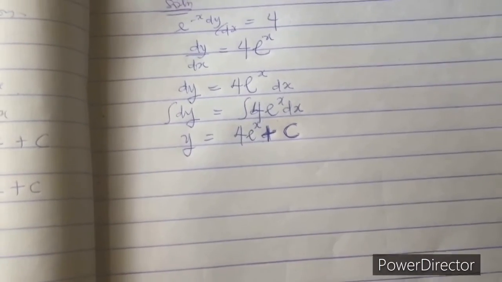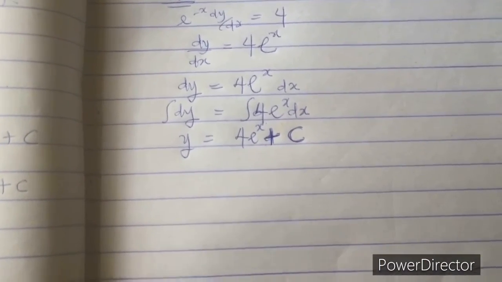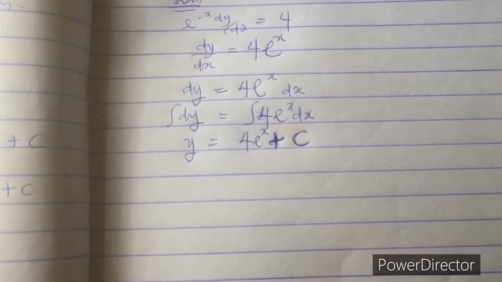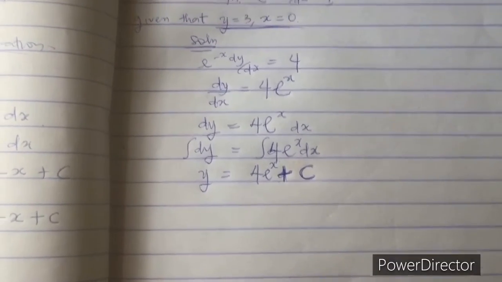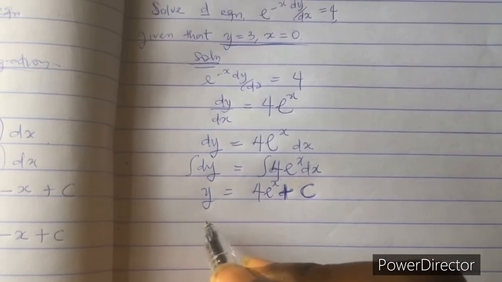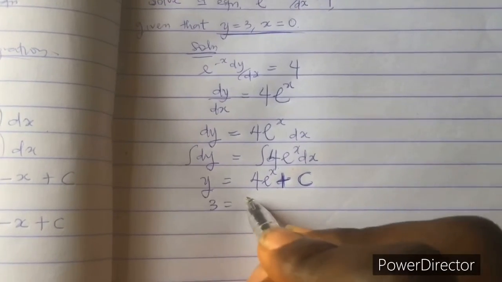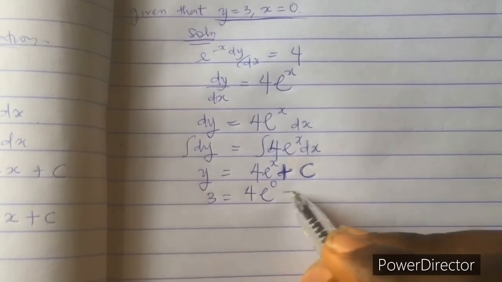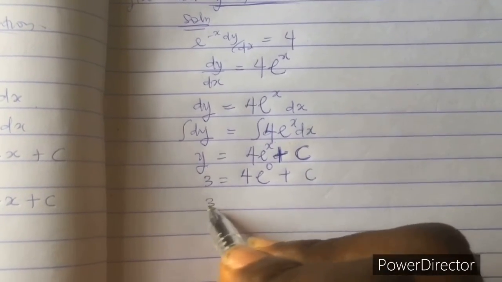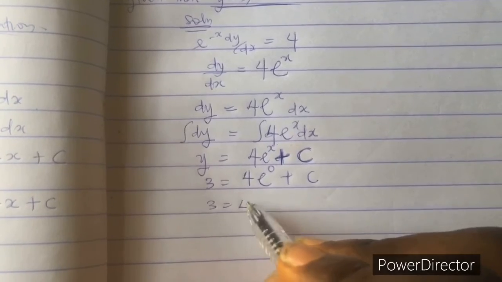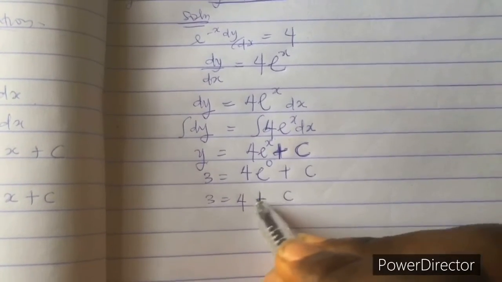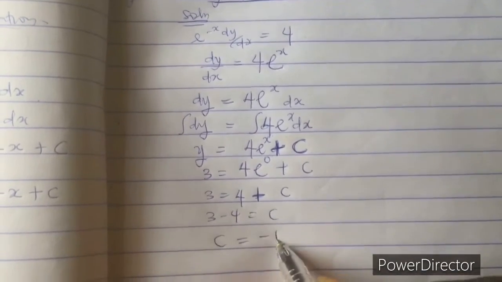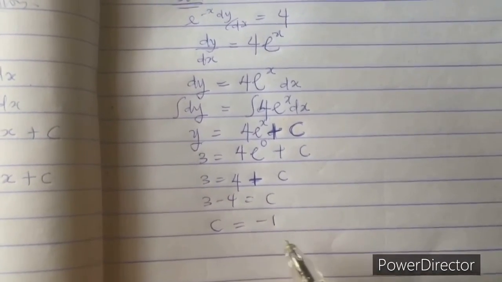Given that our y equals 3 and our x equals 0, we can say 3 equals 4 e to the 0 plus c, and that will be 3 equals 4 plus c. So 3 minus 4 equals c, which means c equals minus 1.